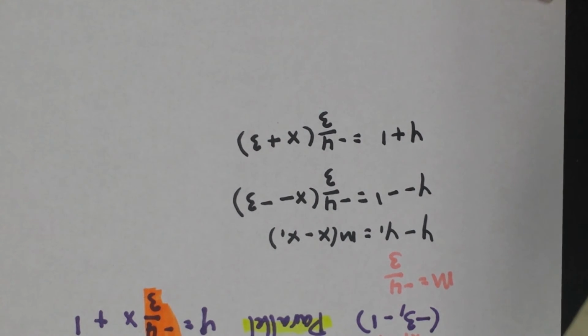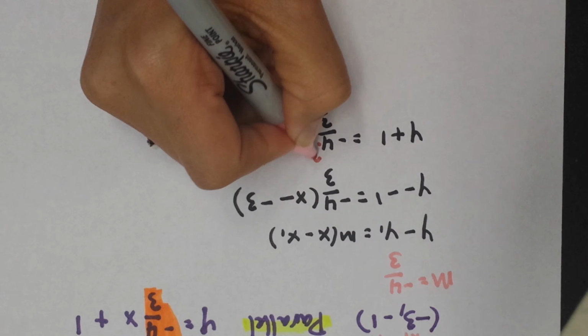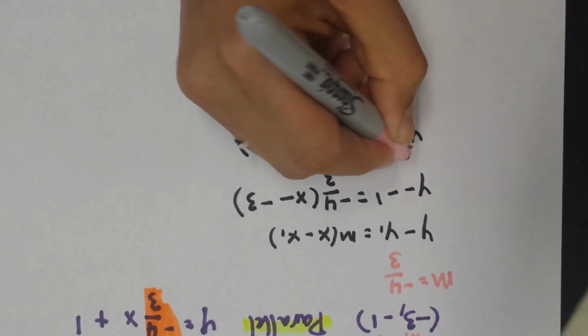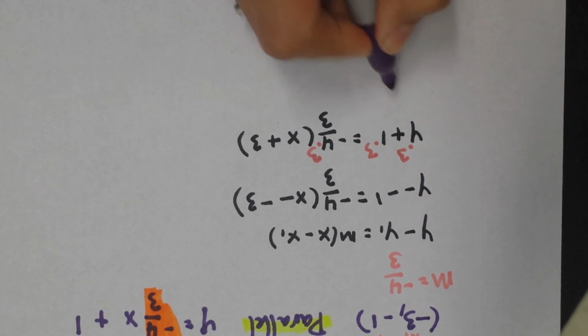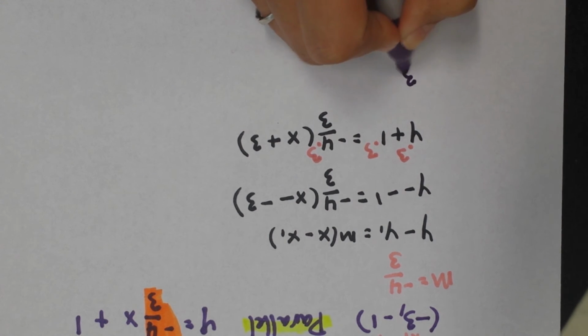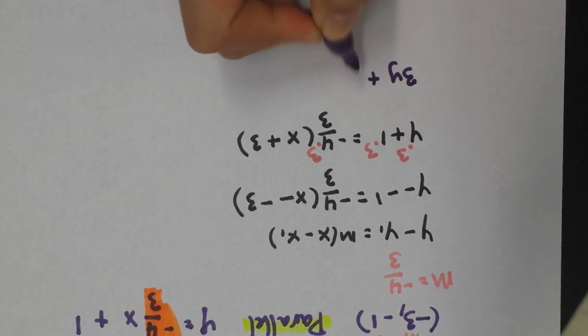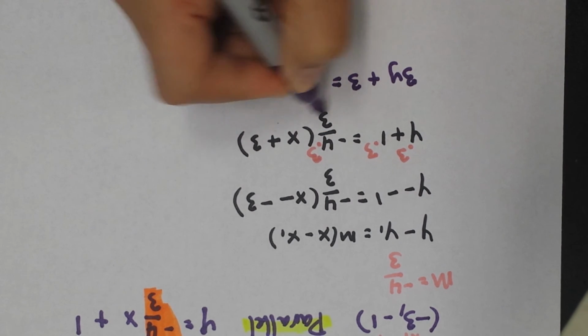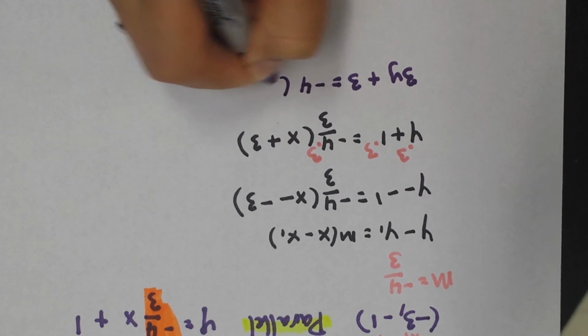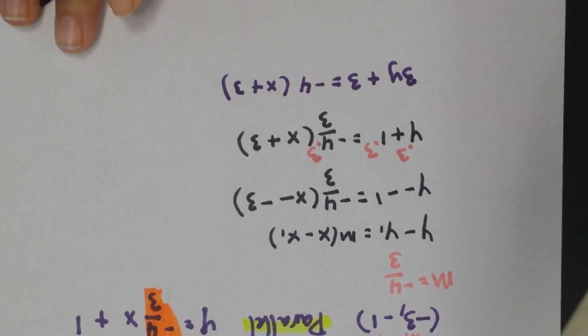All right, remember, this is a fraction. You get rid of the fraction by multiplying everything by the denominator. So we're multiplying everything by 3. So we're now going to get what? y times 3, 3y, plus 1 times 3, 3, equals negative 4 times 3 is negative 12 divided by 3 is negative 4, x plus 3.